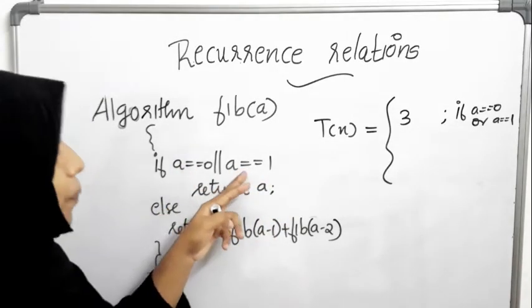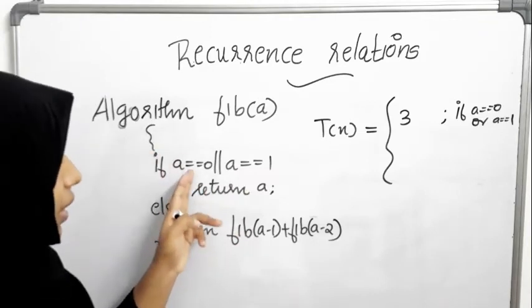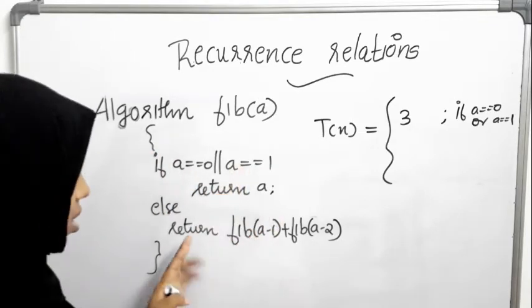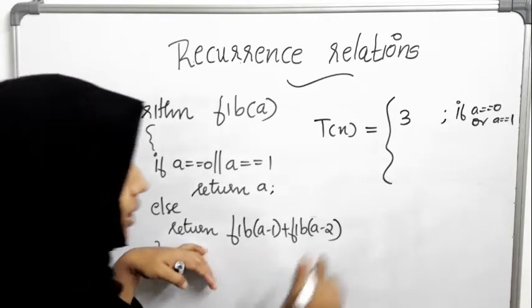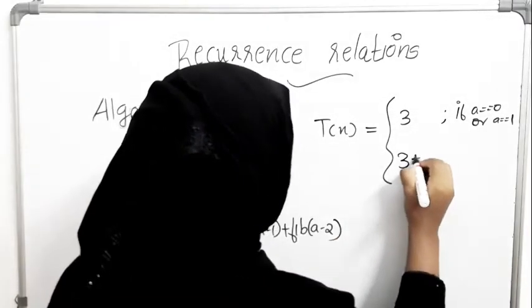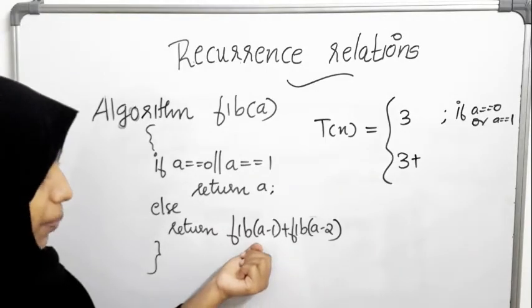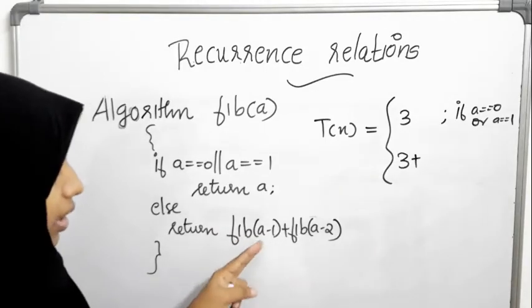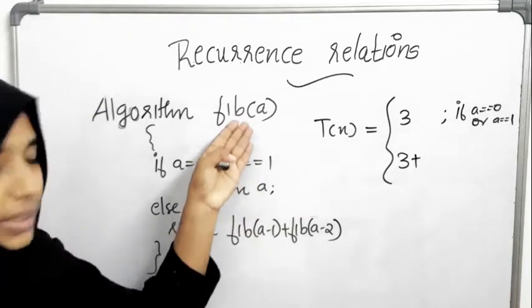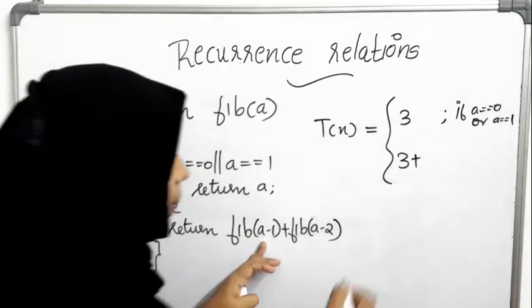So 2 units of time definitely for carrying out these 2 comparisons, plus 1 for this return statement. So 3 plus, now this is recursion being called from this point with, if we are generalizing A to n minus 1 parameters.